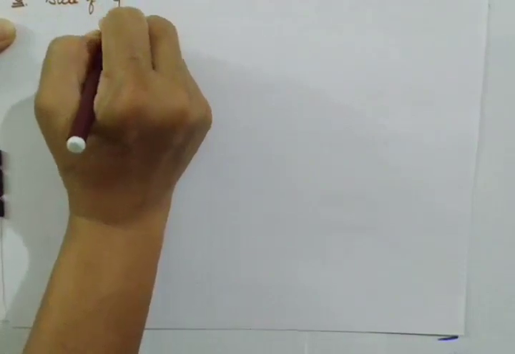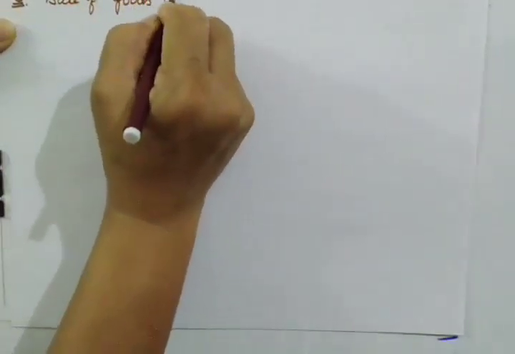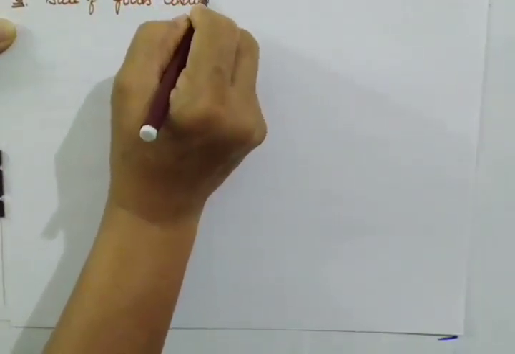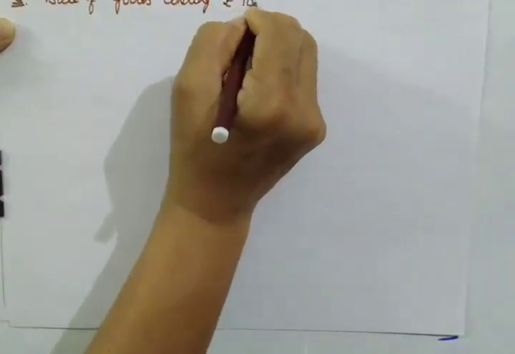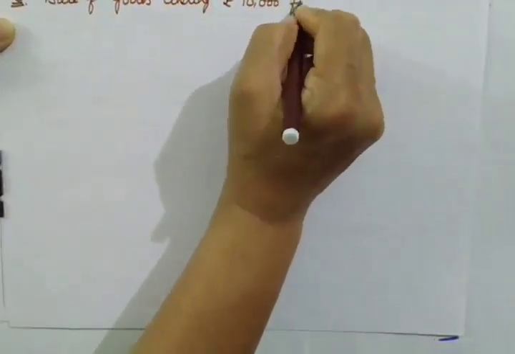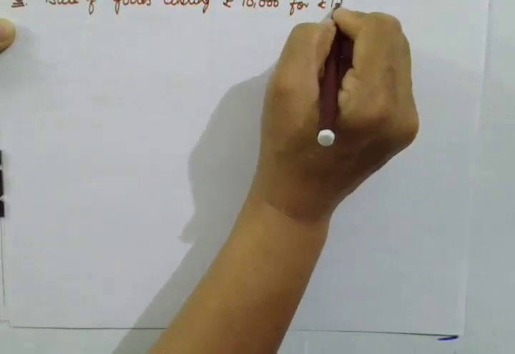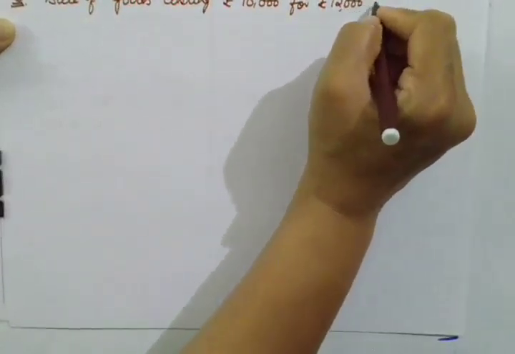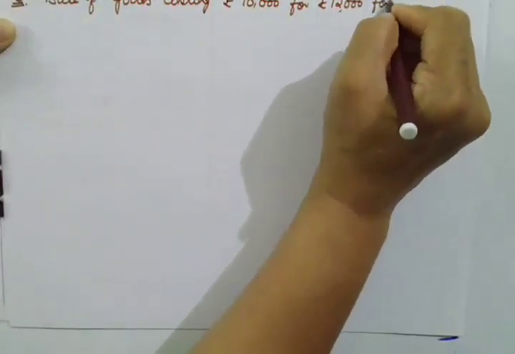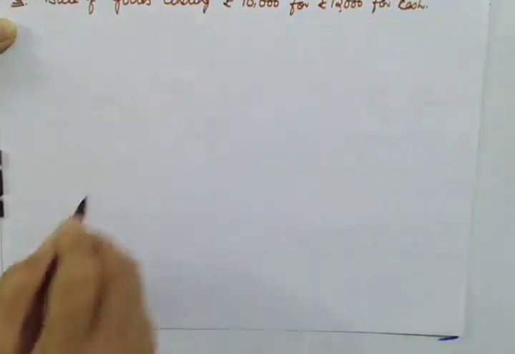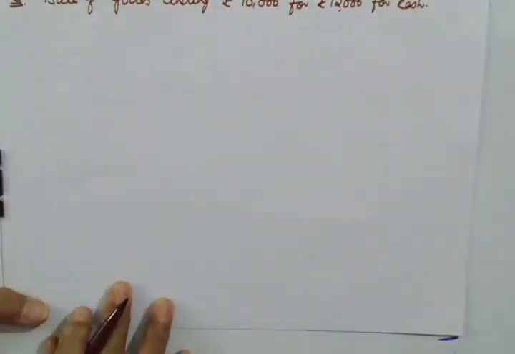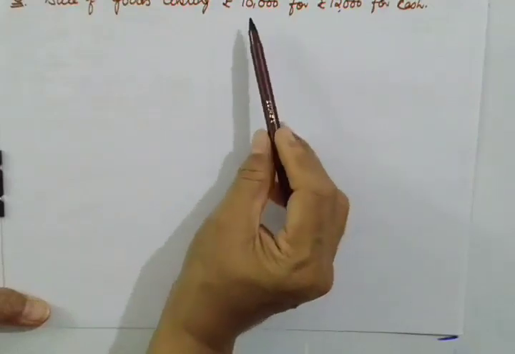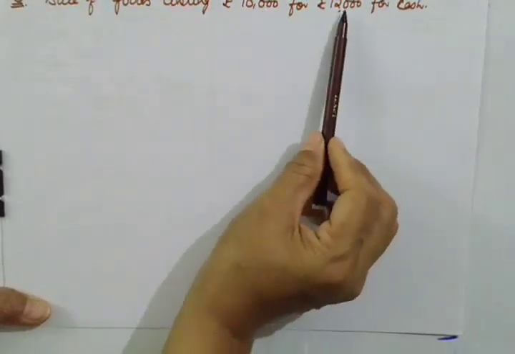Let us assume that sale of goods costing rupees 10,000 for rupees 12,000 for cash. So it's a cash sale. You are selling goods costing 10,000 for 12,000.